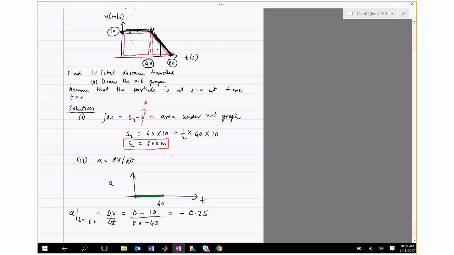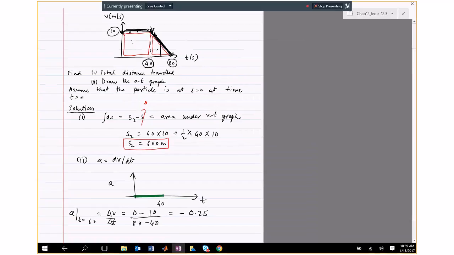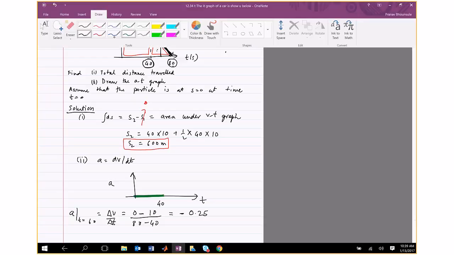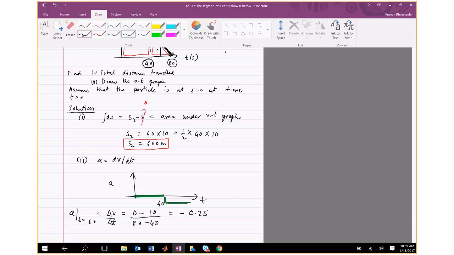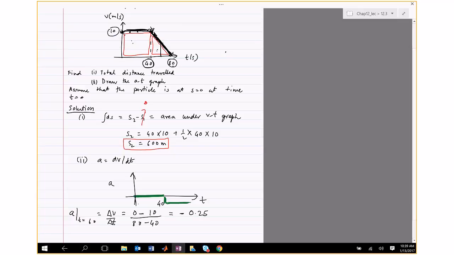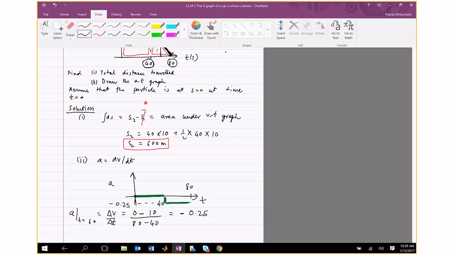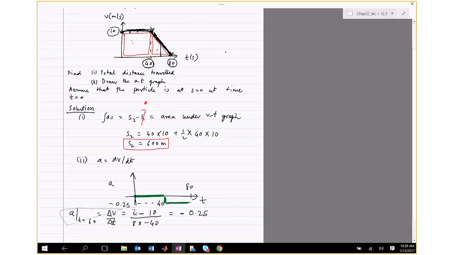Then all I need to do is draw that here. Negative 0.25. This is 80. Let me move things around a bit.